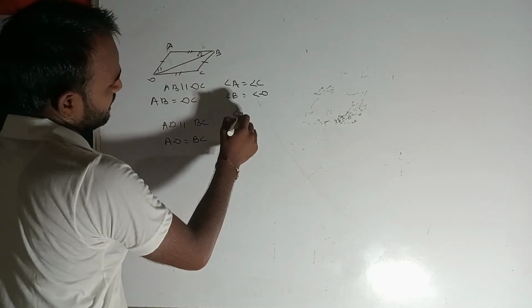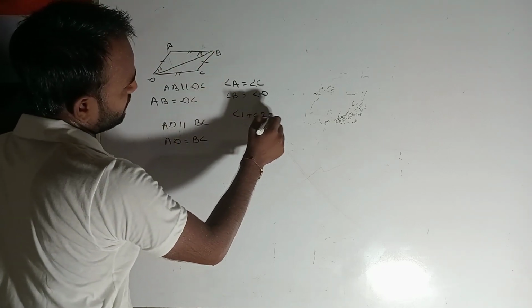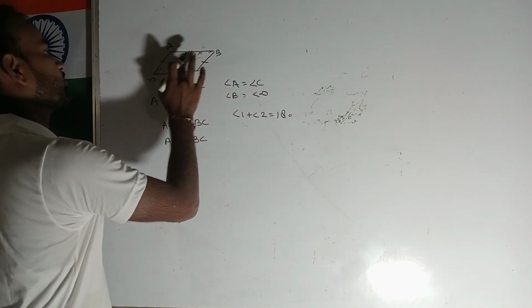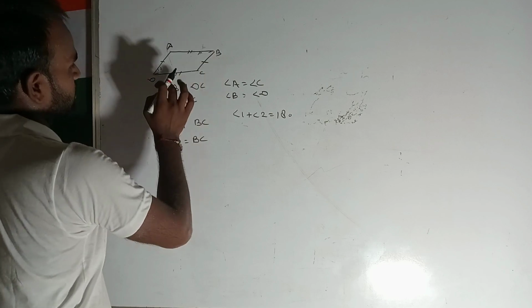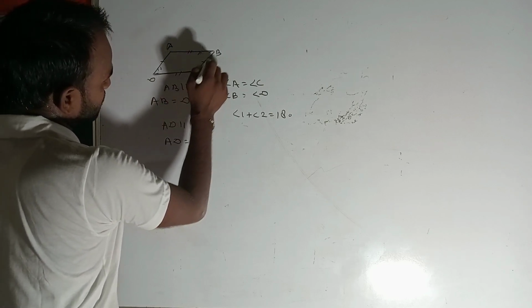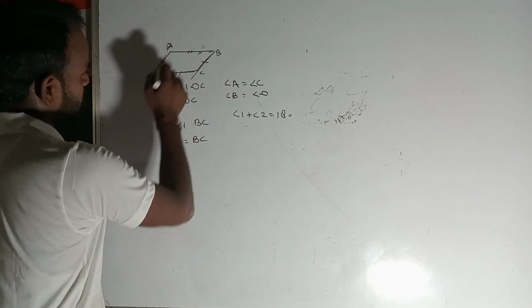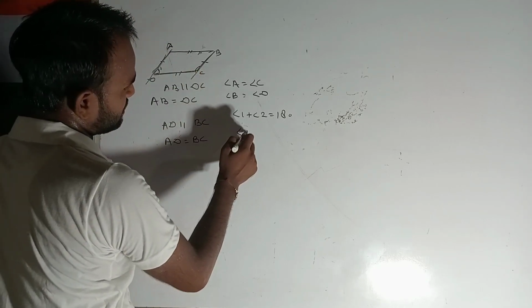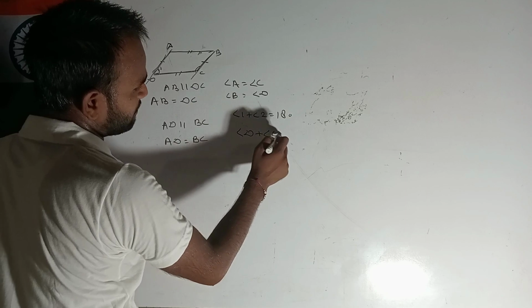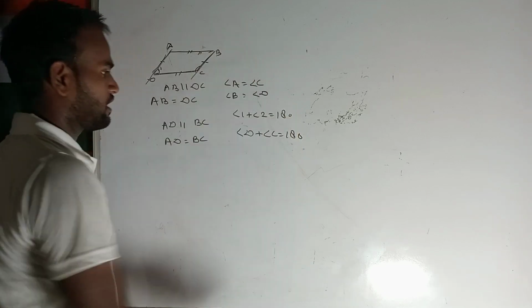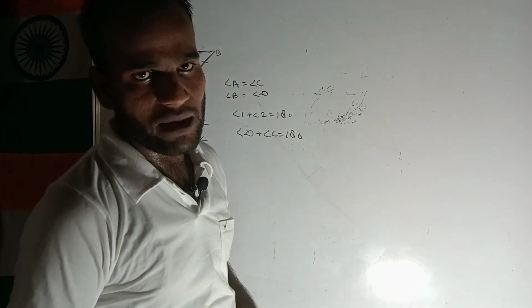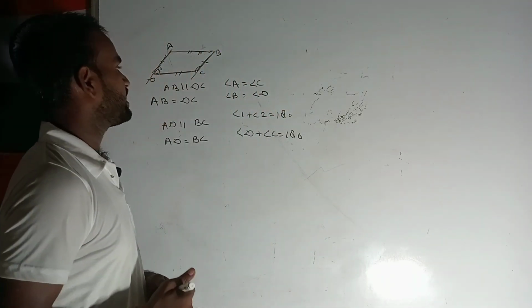Angle 1 plus angle 2 will be 180 degrees. This is known as transversal between these parallel lines. So angle D plus angle C will be equal to 180 degrees. By using this, we conclude that the adjacent angles of a parallelogram are always 180 degrees.